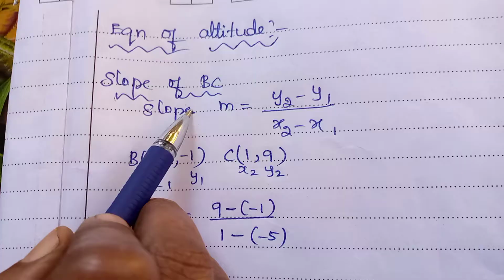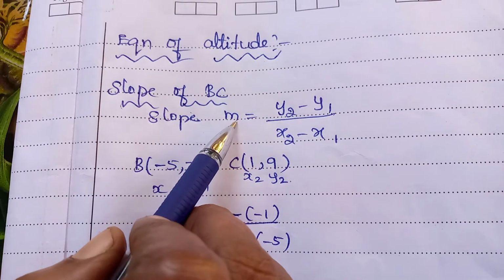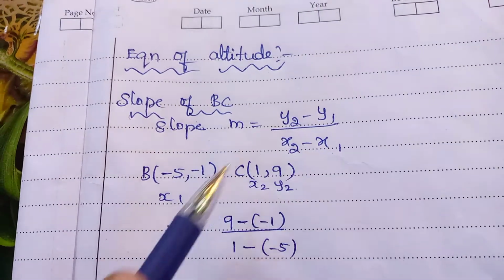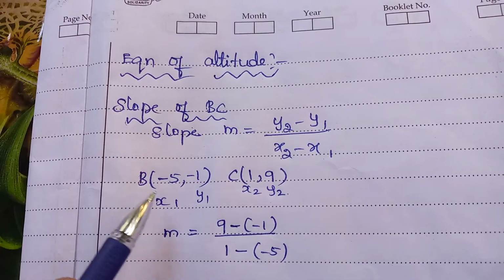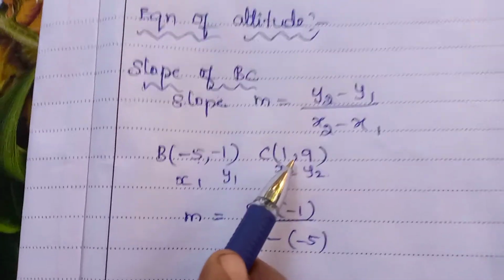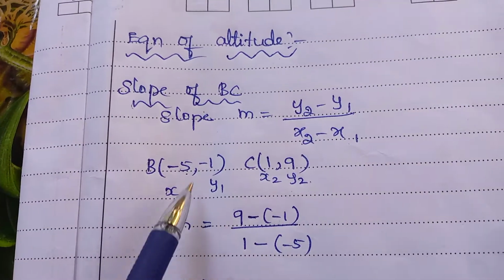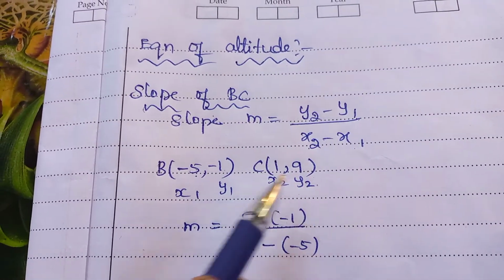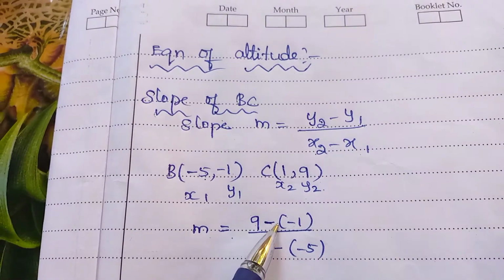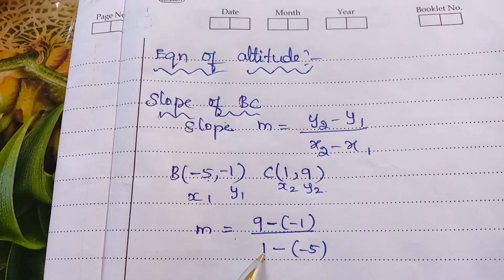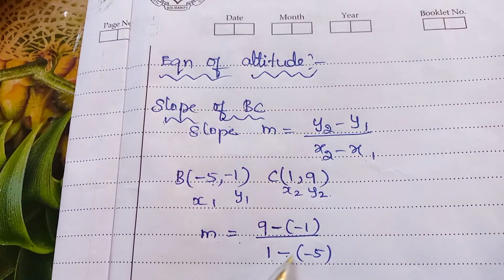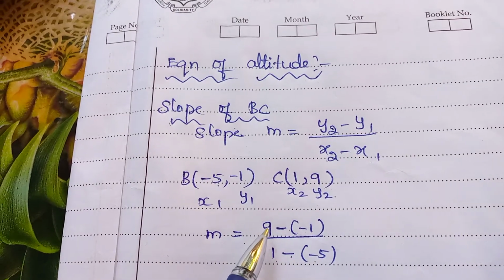What is the slope formula? M is equal to (y2 minus y1) by (x2 minus x1). Here we use B and C, that is -5, -1 and 1, 9. So M is equal to 9 minus -1 divided by 1 minus -5.